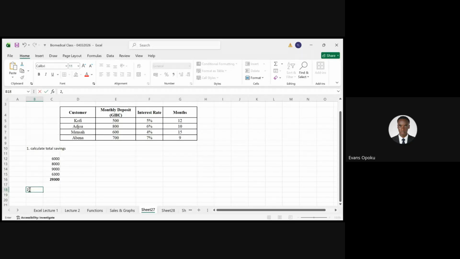Find the interest using the total savings, and interest rates.